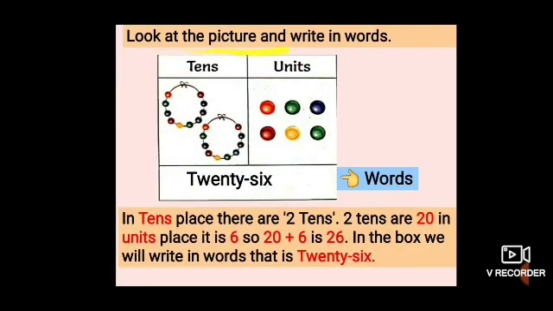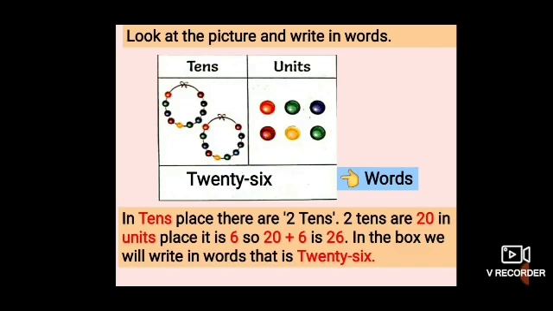Look at the picture and write in words. Now we are only going to write in words, spellings. In tens, how many strings of beads are there? 2 strings, that is 2 tens. 2 tens are 20. And in units, 1, 2, 3, 4, 5, 6.